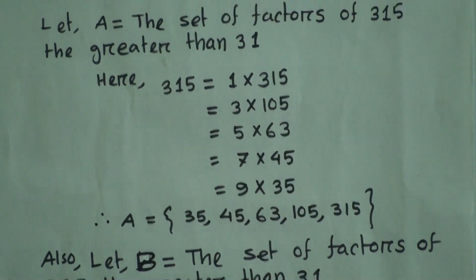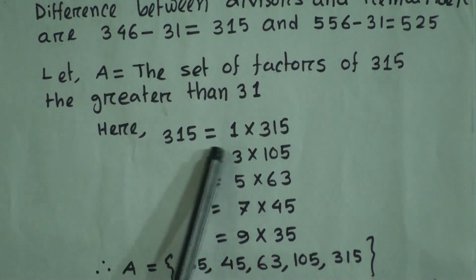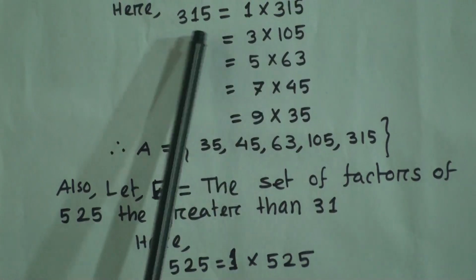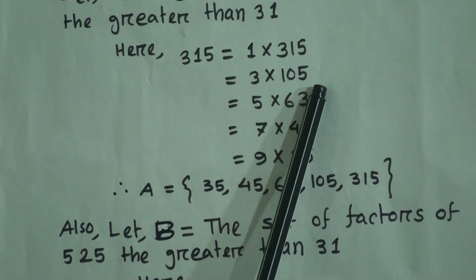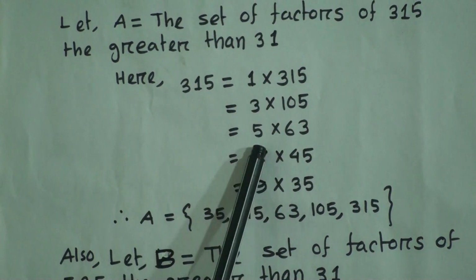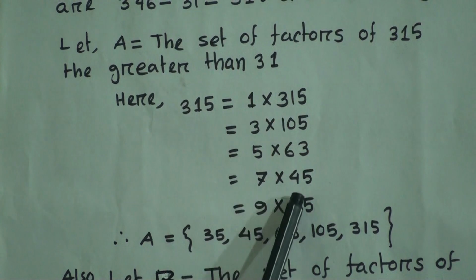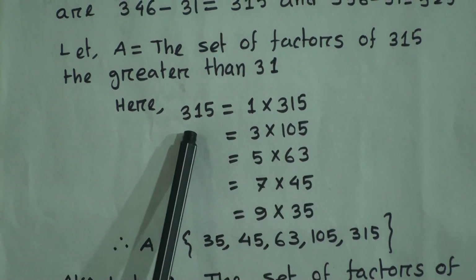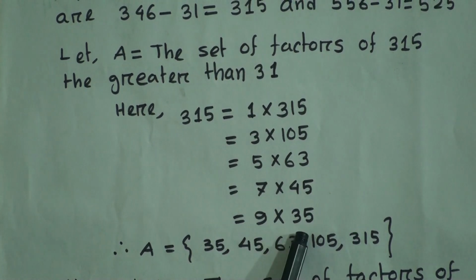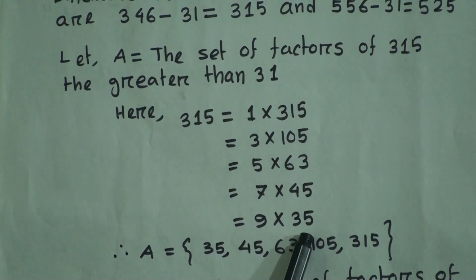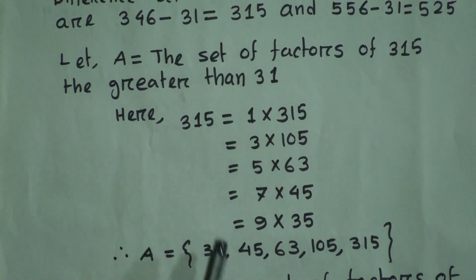Now we can break 315: 1 into 315 equal to 315, then 3 into 105 equal to 315, then 5 into 63 equal to 315, then 7 into 45 equal to 315, then 9 into 35 equal to 315.